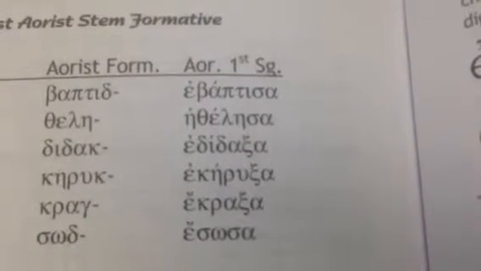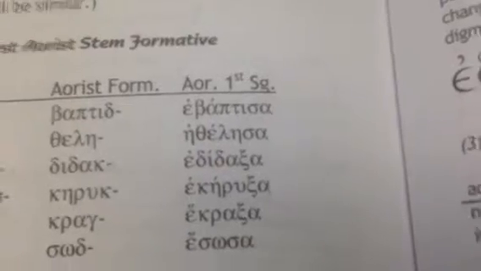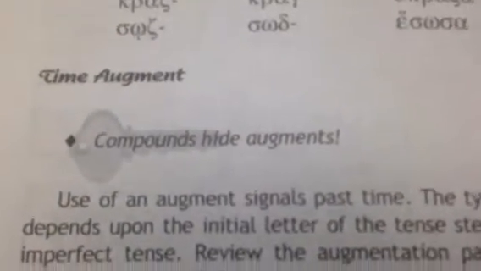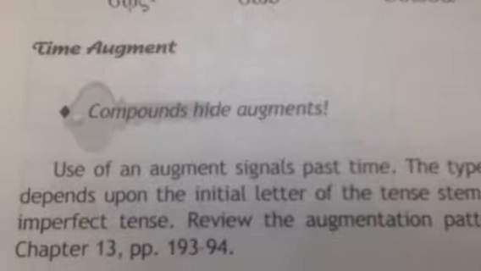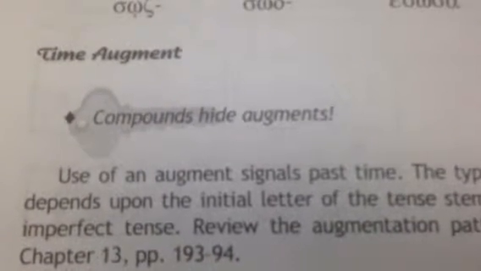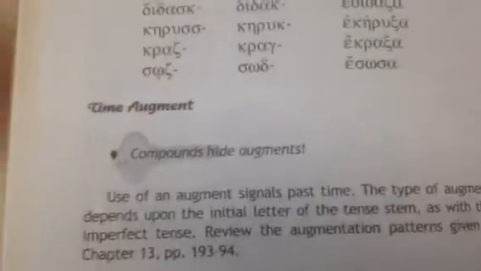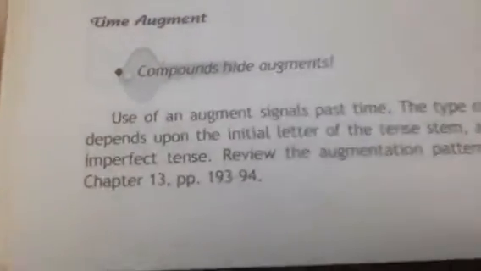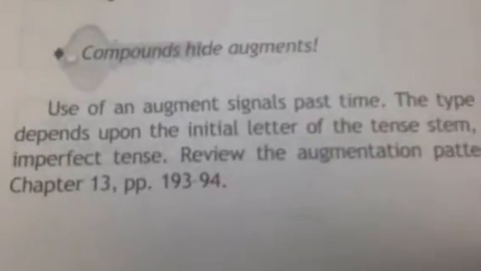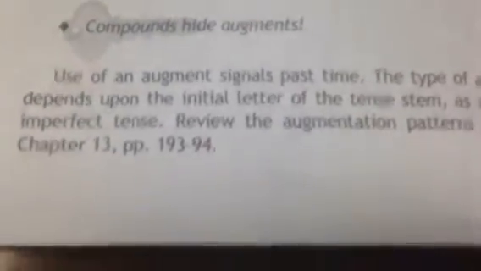And we'll make some further observations in a minute here. Now remember, we are dealing with augments again, so we must remember that compounds hide augments, and I sometimes still forget those as well. It's just easy to overlook those. In general, use of an augment signals past time, so it's a great indicator.